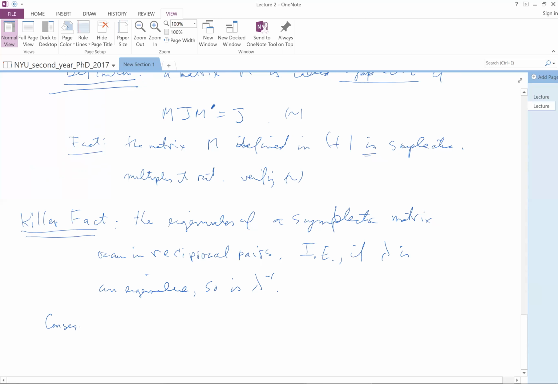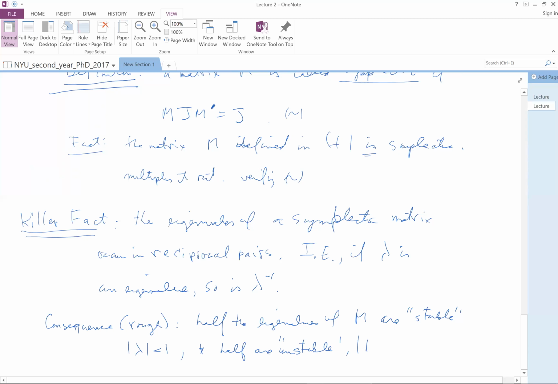Consequence, roughly: half the eigenvalues of M are, I'll call them stable, meaning absolute value of lambda less than 1, and half are unstable, meaning absolute value of lambda is strictly greater than 1.